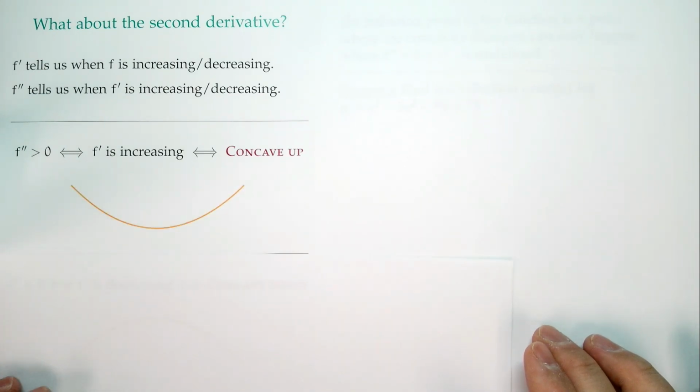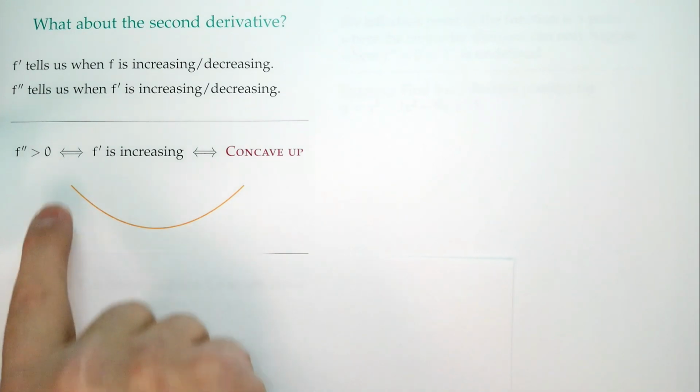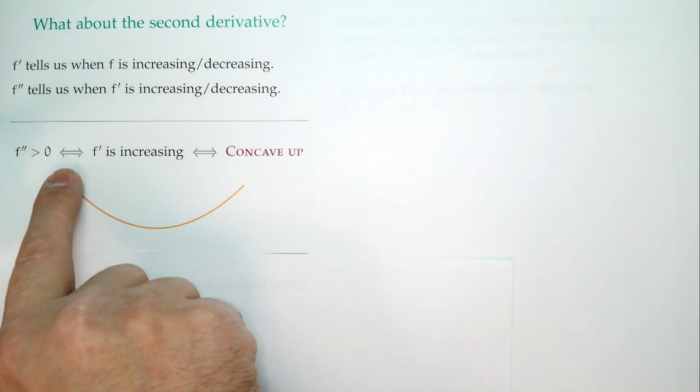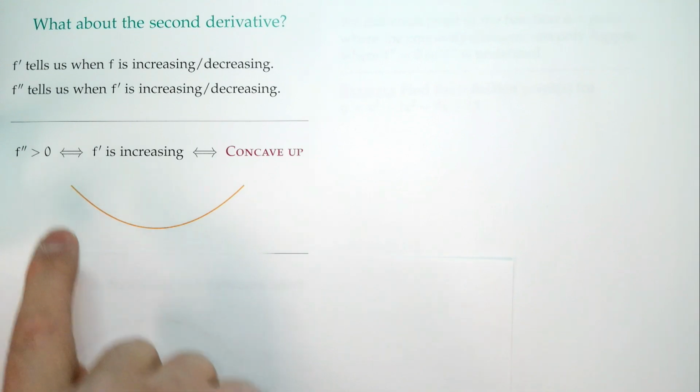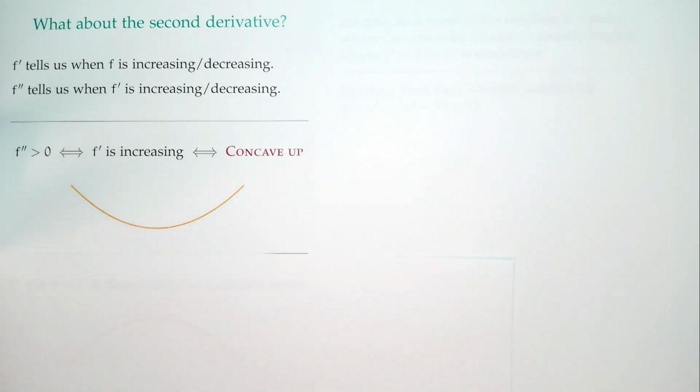Suppose we have that our second derivative is positive. Well, that can happen. That corresponds to when f prime is increasing. The if and only if arrow is a little bit stronger than what's actually true, but it's certainly true that if f double prime is greater than 0, then f prime is increasing. And we call that concave up.